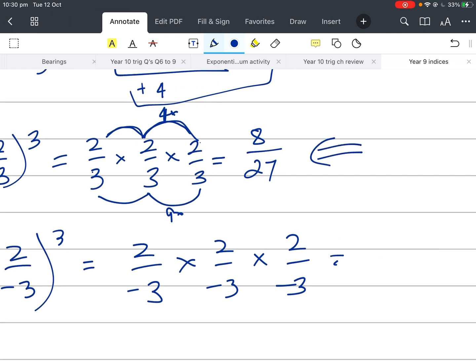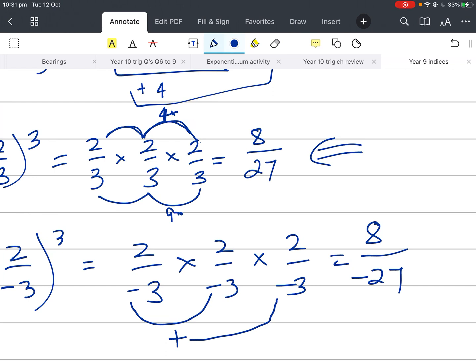Now we already know from this one what 2 times 2 times 2 is, don't we? And we already know from that one what 3 times 3 times 3 is, don't we? So the numbers stay the same. We've just got to go a negative and a negative gives a positive, and a positive times a negative gives a negative. So you could have done it on the calculator if you wanted.